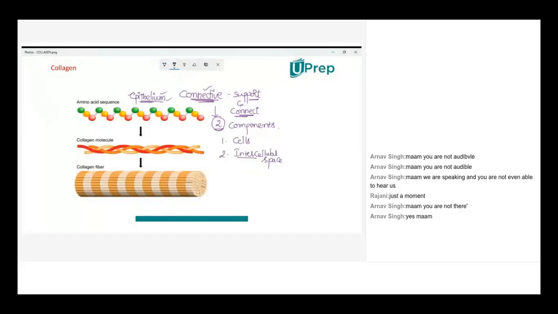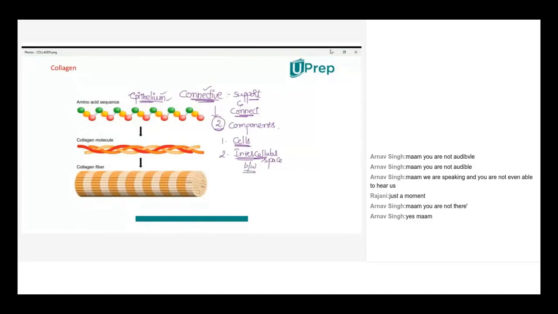The intercellular space is called matrix. So in connective tissue, between cells, you will have a fluid-like substance, which is called matrix. Matrix is also known as ground substance.